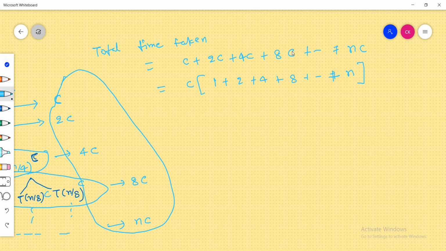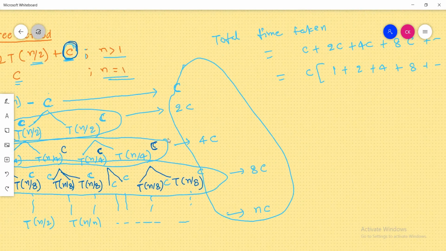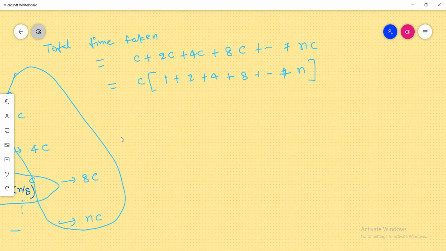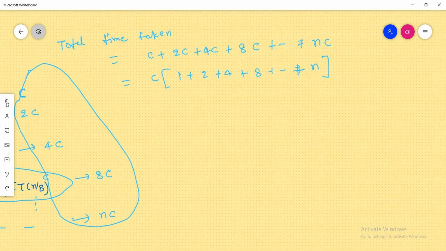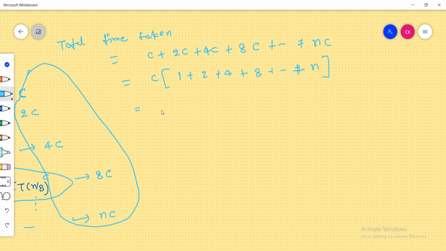Now can we write this one as 2 to the power 0 plus this 2 as 2 to the power 1 plus this 4 as 2 to the power 2 plus this 8 as 2 to the power 3 plus so on.